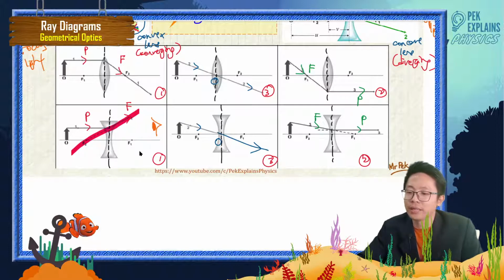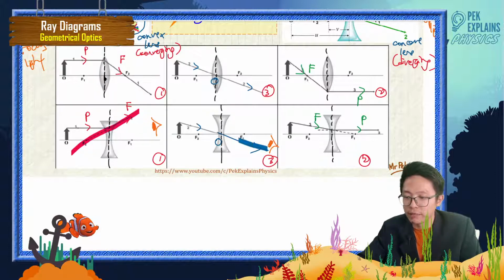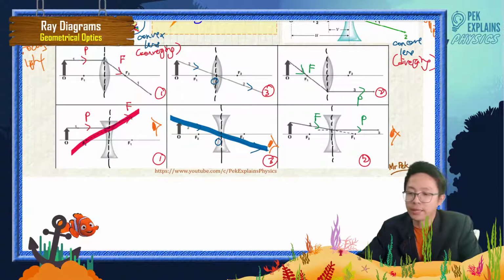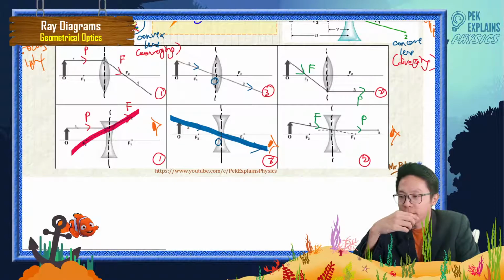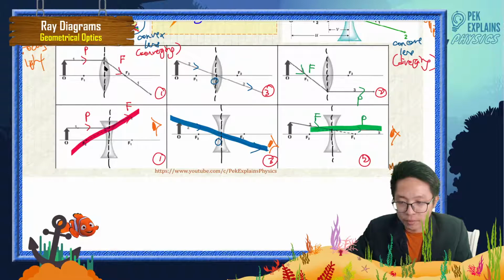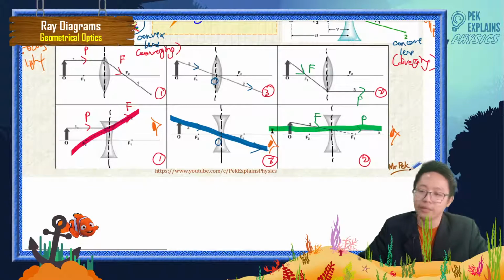And for this one also, the light enters my eyes, and I think it comes from here. For the second ray, my eyes are over here. What I see is the light, and I think it comes from here, in a straight line. That's why you draw a dotted line behind.